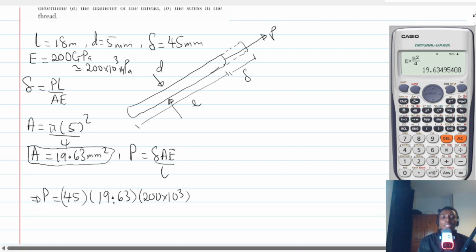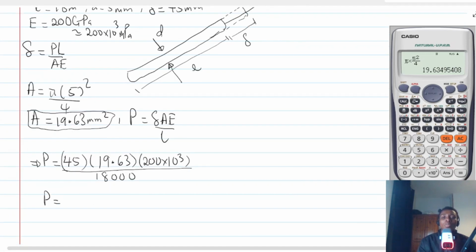Then I will divide by the length, which is 18 meters, the same as 18,000 millimeters. So let's pick our calculators. Our load will be 45 multiplied by 19.63 multiplied by 200 times 10 to the power 3 divided by 18,000.